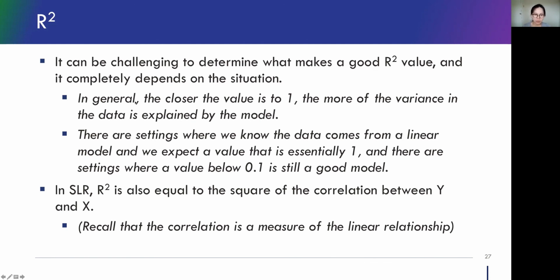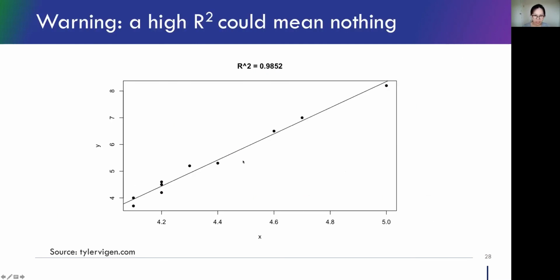We mentioned that a small R squared can also be a good model, but there are also cases where R squared looks perfectly good, very close to 1, for example 0.9852, which is absolutely great.